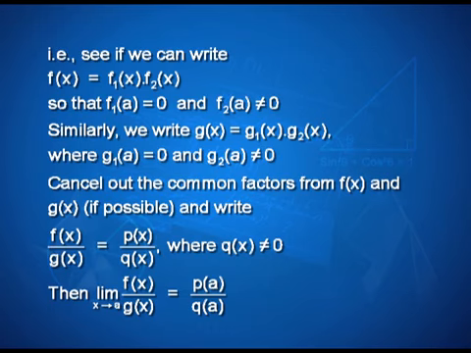Then limit f of x upon g of x as x tends to a is equal to p of a upon q of a. Now, let us discuss derivatives in detail.